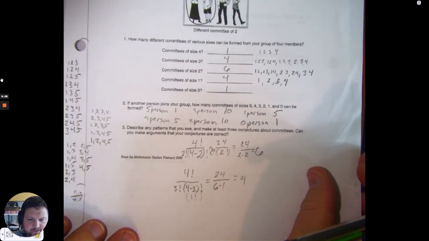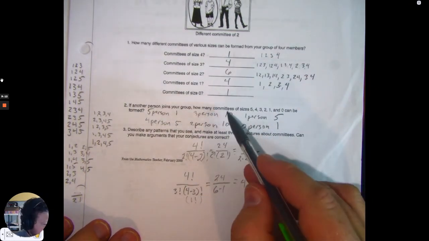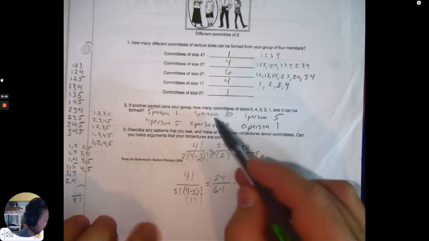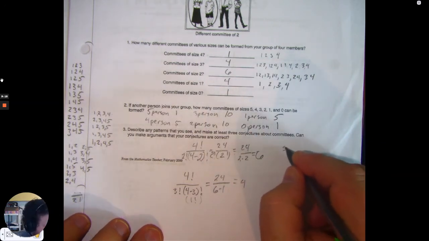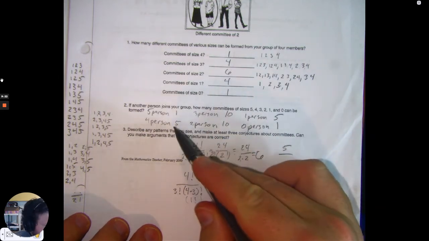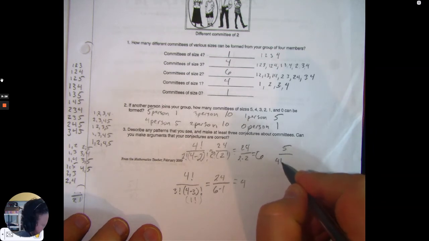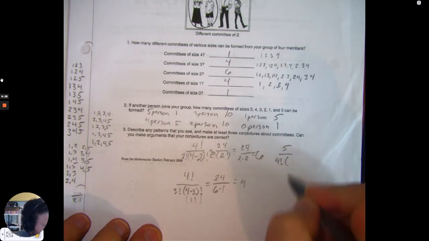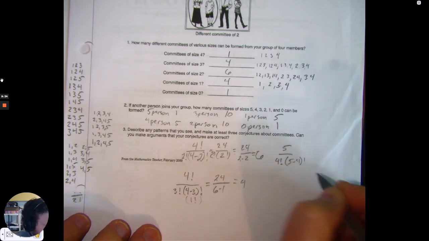Okay, if we have these groups of 5, we know that there's going to be 5 for 4-person groups. We know there's going to be 10 for 3-person groups. So let's test those two out. If I do 5 factorial, and I'm going to do the 4-person, so we're taking 4 away. So 4 factorial, and then times 5 minus 4 factorial.